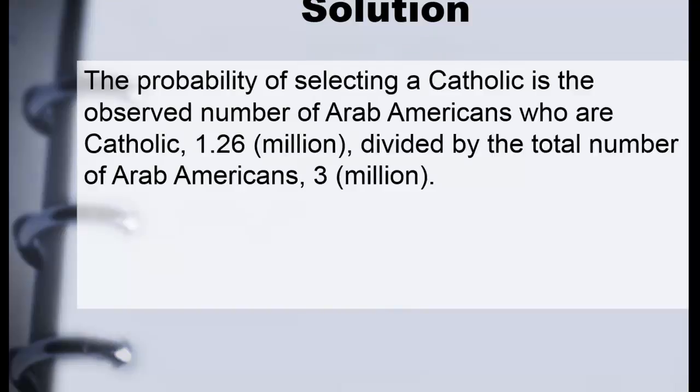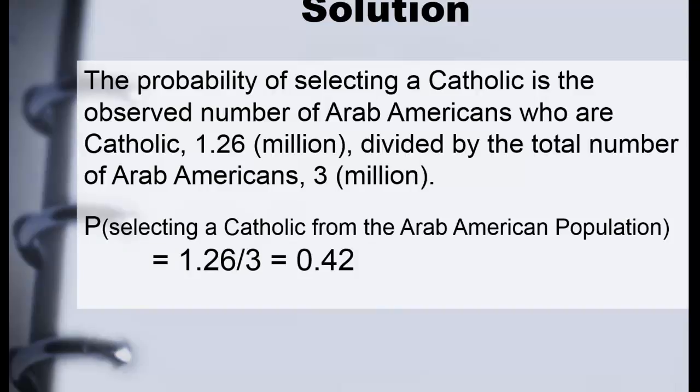The probability of selecting a Catholic is the observed number of Arab Americans who are Catholic, which is 1.26 million, divided by the total number of Arab Americans, which is 3 million. So we see our solution. We see the event. We have 1.26 divided by 3, which is 0.42. So that is what we observe, the frequency of occurrence of this event.